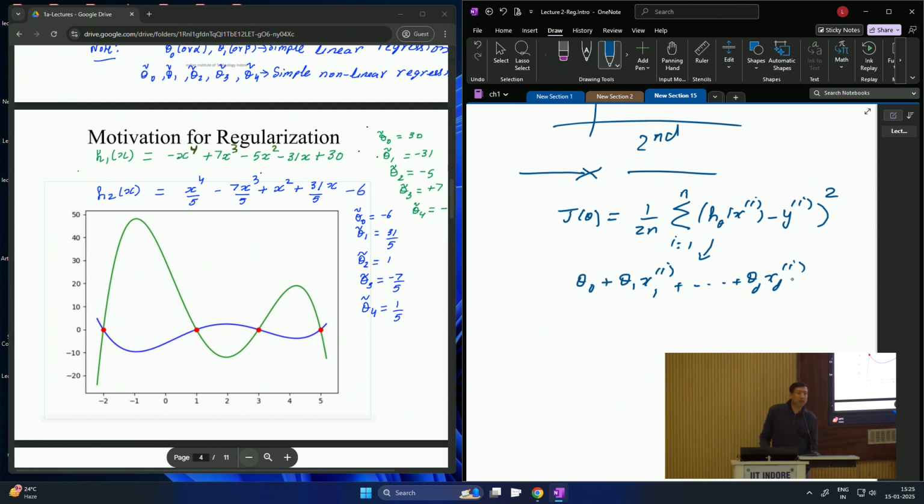The motivation, which is coming from the left part of the slide, is that I want to reduce these thetas. What are we trying to do? We are trying to minimize this J theta with respect to this. This is the optimization problem which we are trying to solve.